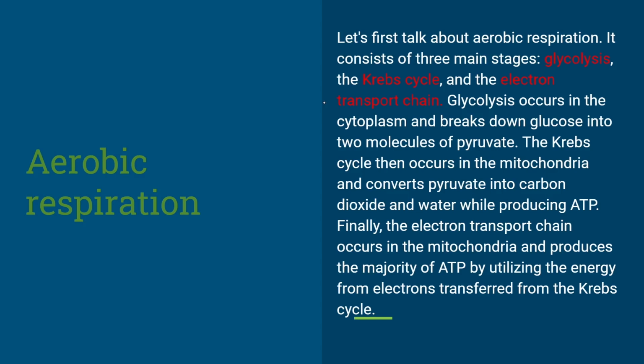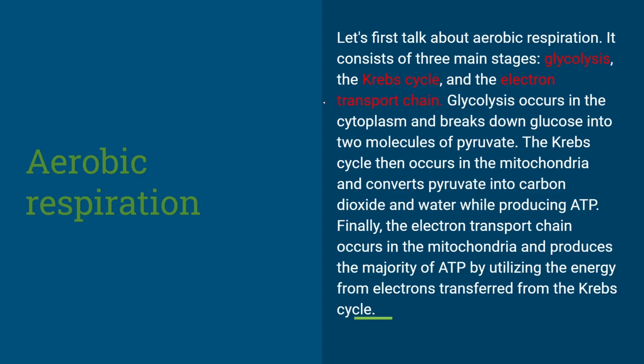So it's just like a summary of how everything goes on. It's not in detail, after you learn the chapter, just go through it. Just to remember the three main stages: glycolysis, Krebs cycle, electron transport chain, and that glycolysis occurs in the cytoplasm. It breaks down glucose into two molecules of pyruvate.